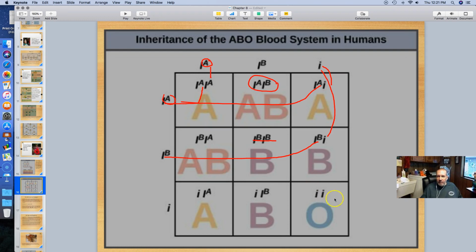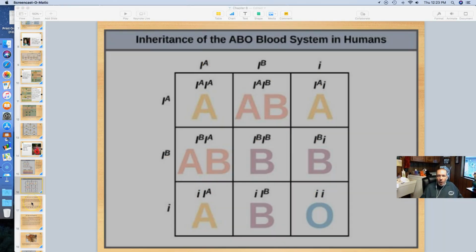The only way you can have type O blood is if you don't get an A allele or a B allele from either of your parents. So 1 out of every 9 of these offspring, on average, wouldn't get an A or a B allele, so they end up being type O blood.